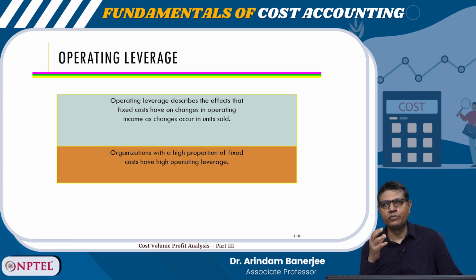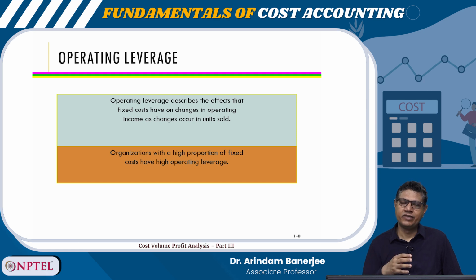As we discussed earlier, the per unit fixed cost decreases if the production goes up, and because of that the profitability increases manifold. This phenomenon is called the operating leverage.